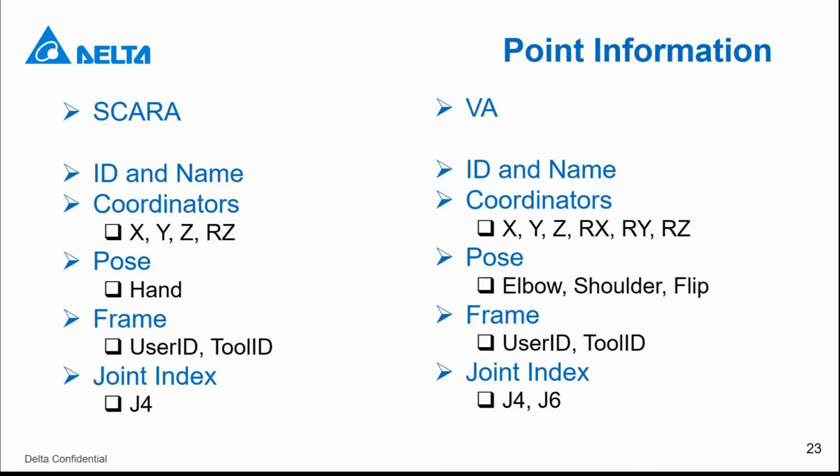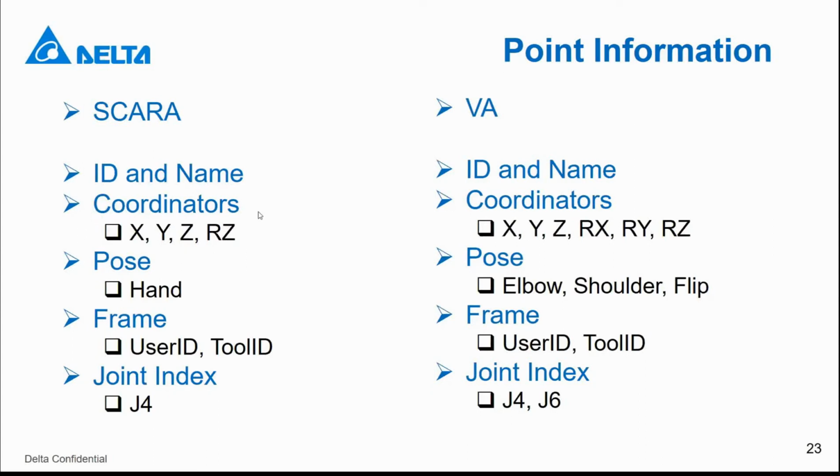And for each point, what data do we store inside? We store different data for different robot types. On the left side, first is SCARA. For SCARA, we store the ID and name of the point. We also store the coordinates.